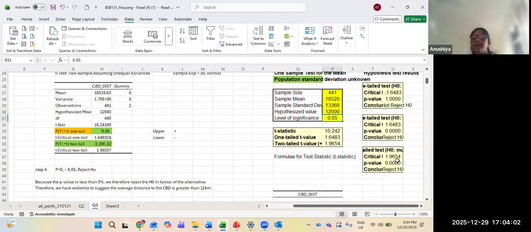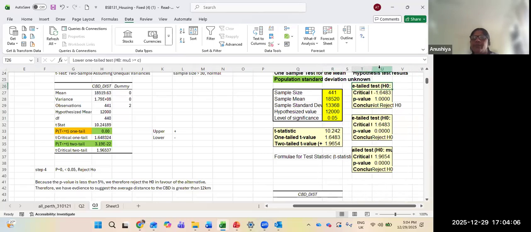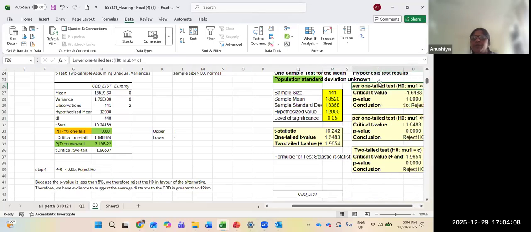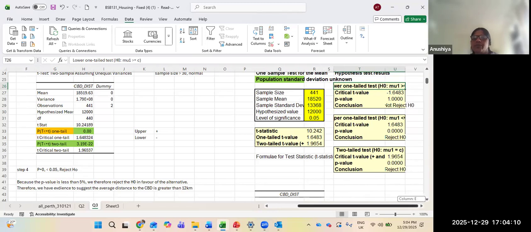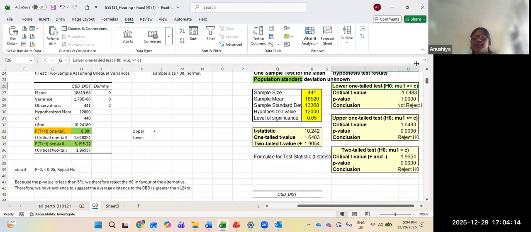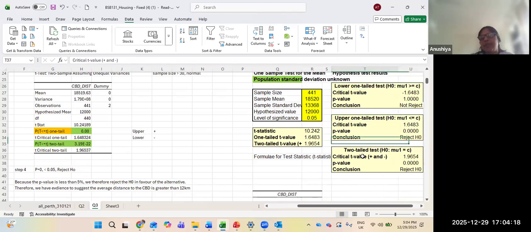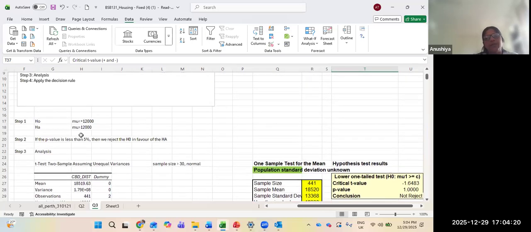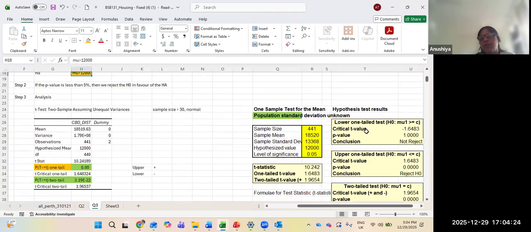If you press enter, then you have the one tail test. Here we have the lower one tail test, the upper one tail test, and the two tail test. But based on our alternative hypothesis, we are going to choose a one tail test.